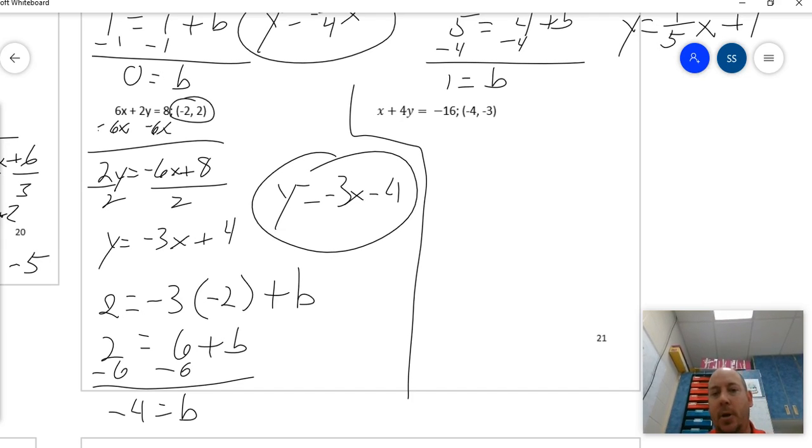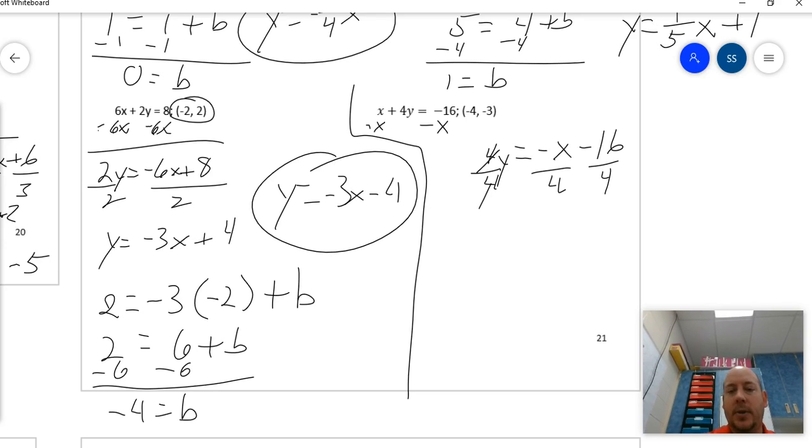Okay. And last one, again, put it in slope-intercept form. So let's move the x to the other side. So I'd have 4y is equal to negative x minus 16, and divide everything by 4. Okay, so that cancels that out. Turns it into 1y. And again, remember, if there's no number in front of the x, that's like having a 1. So we have negative 1/4 x minus 4. So we know our slope now.